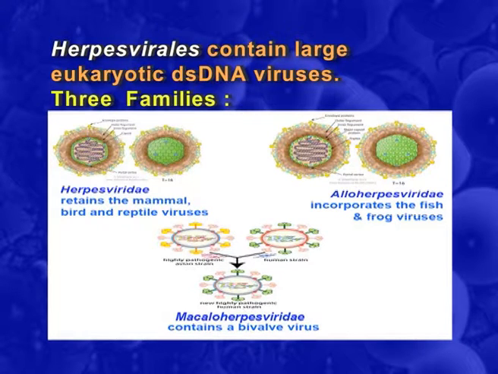Next, we will be discussing Herpesvirales. Herpesvirales also comprises double-stranded DNA viruses, but they infect eukaryotic hosts. That's why it is different from Caudovirales. It again comprises 3 families, namely Herpesviridae, Alloherpesviridae and Malacoherpesviridae.